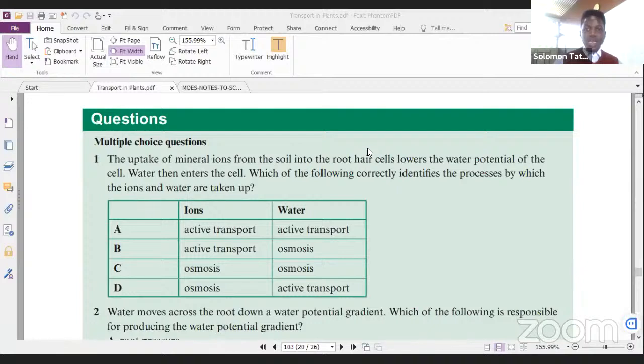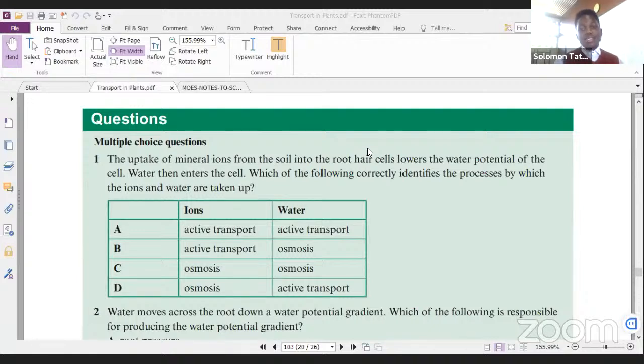Water moves to the root hairs by osmosis. That is correct. Watum Ambrose says B also. You can always tell us why. Tony says B. No one is giving us the reason why. Arinaito Isaac says, because ions move by active transport and water moves by osmosis.